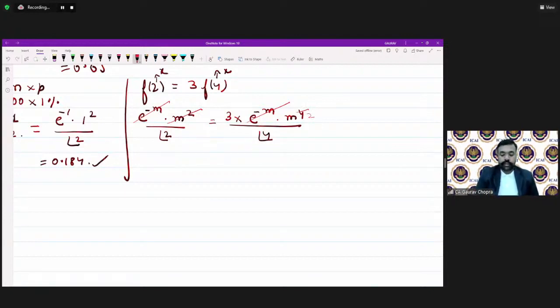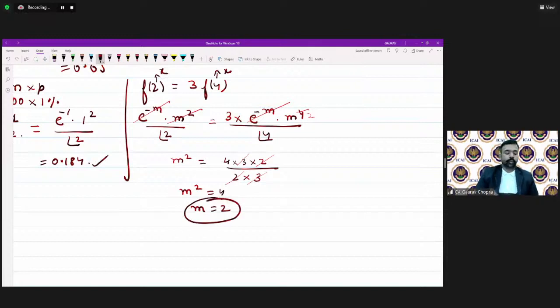What is left, we can write as m square is equal to 4 factorial, which can be written as 4 into 3 into 2, divided by 2 and 3. So we can cancel 3 and 3, 2 and 2. m square is equal to 4. So m will be 2. m is equal to 2.